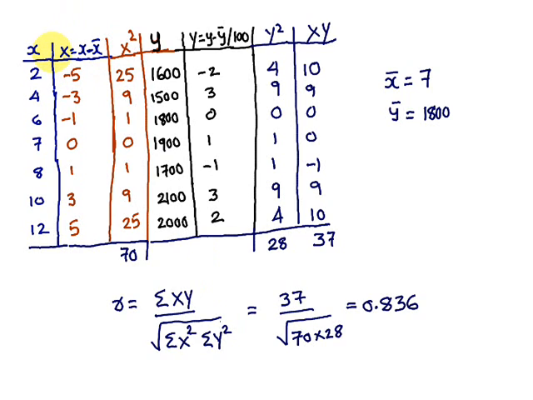So x is nothing but the age of the cars. I have written here 2, 4, 6, 7, 8, 10, 12.